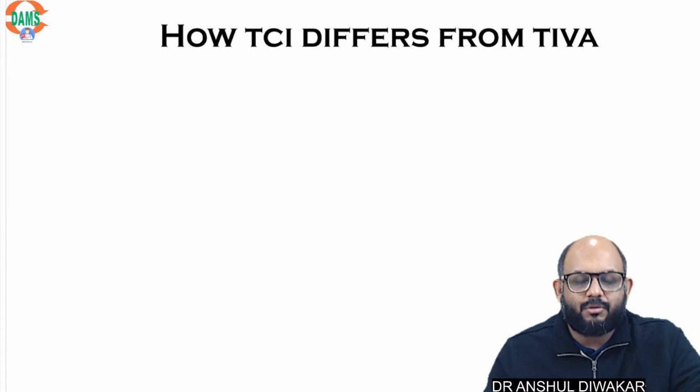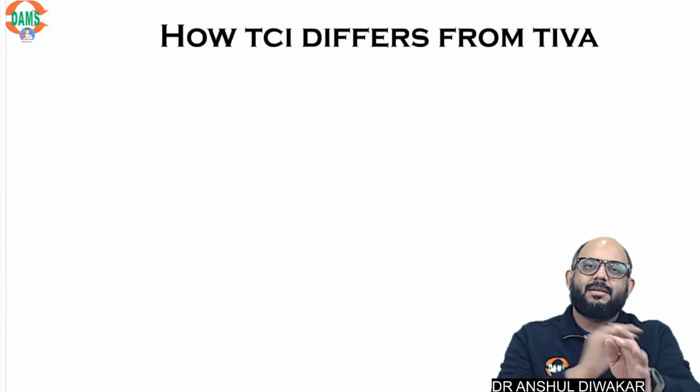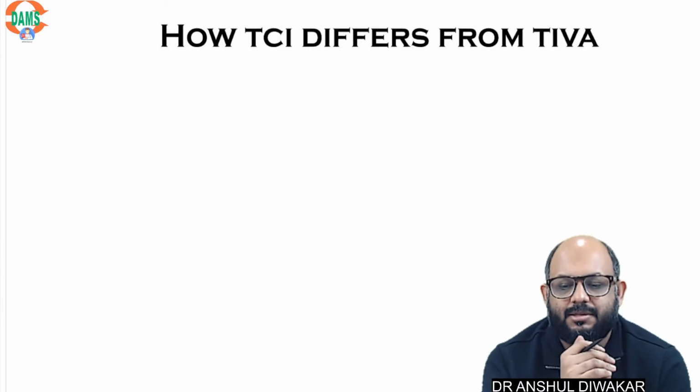All right. How does TCI differ from TIVA? So nothing. TIVA is a method of giving anesthesia.